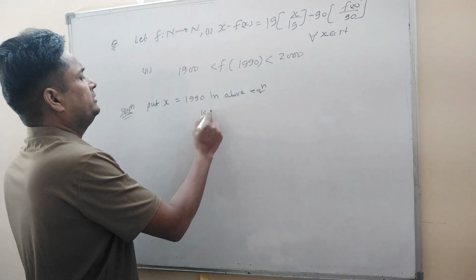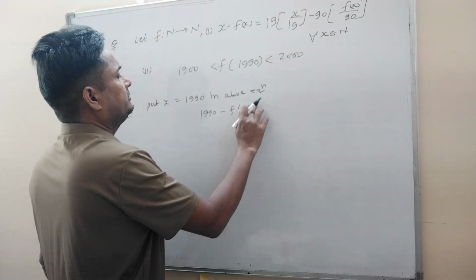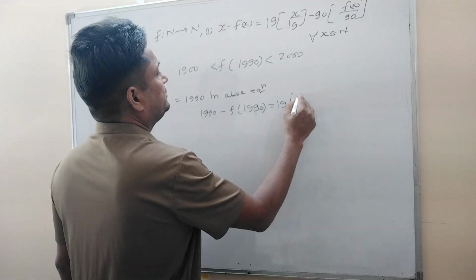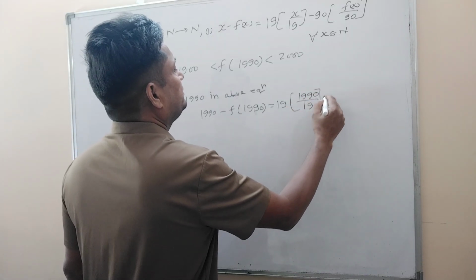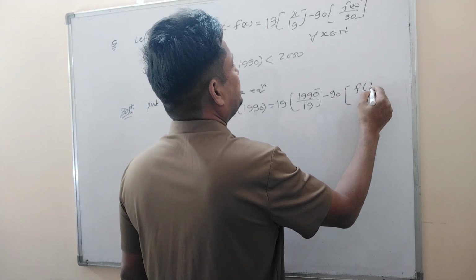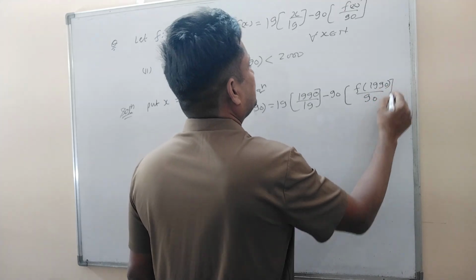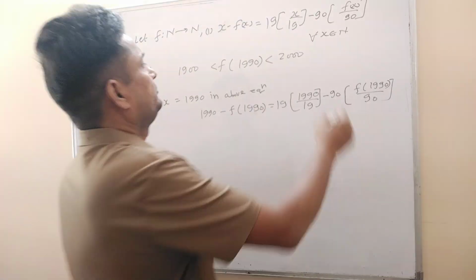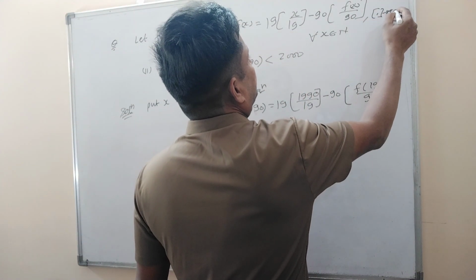So it will be 1990 minus f(1990) is equal to 19 times the greatest integer of 1990 divided by 19, minus 90 times the greatest integer of f(1990) divided by 90. You can write the greatest integer as GIF.